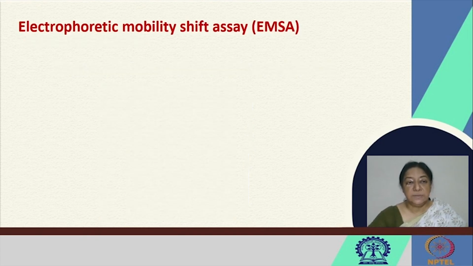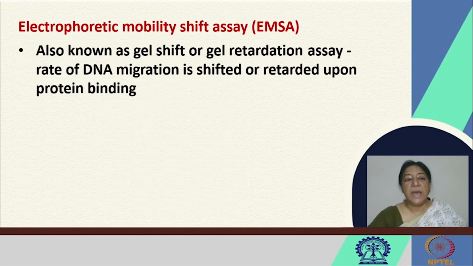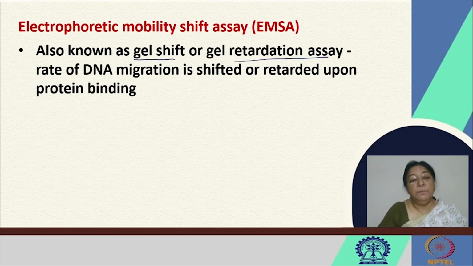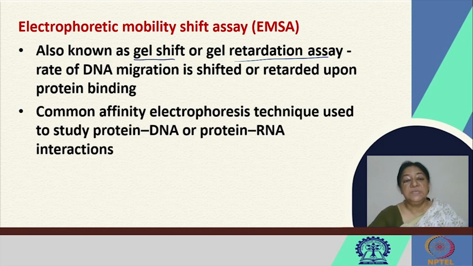In this specific assay, we have the gel shift or the gel retardation assay, as it is also called. We are monitoring the rate of DNA migration that is shifted or retarded upon protein binding. What essentially happens is a common affinity electrophoresis technique is used to study these protein DNA or protein RNA interactions.